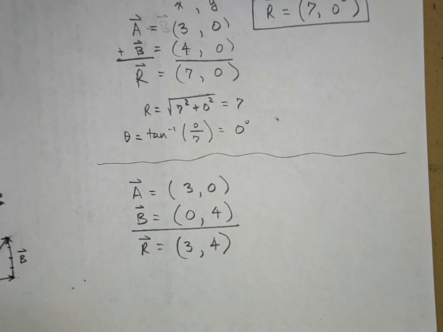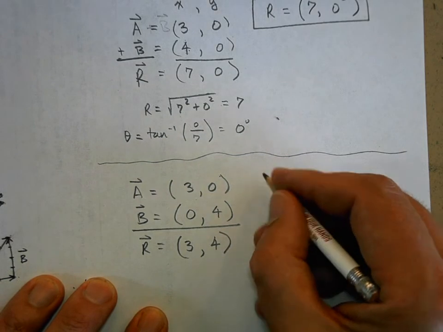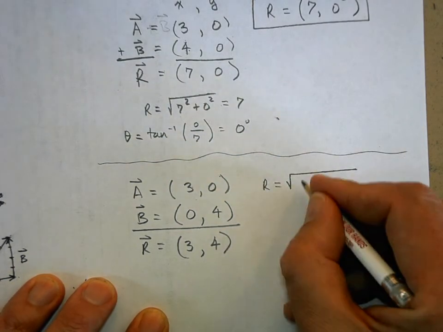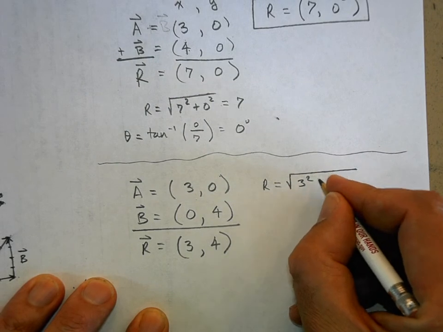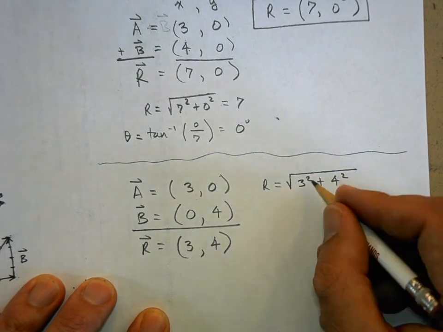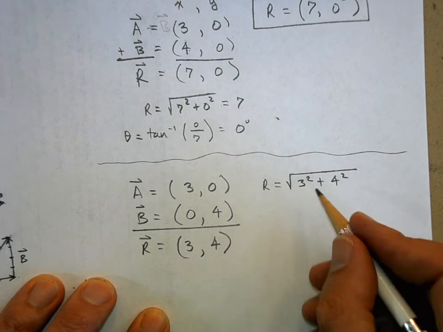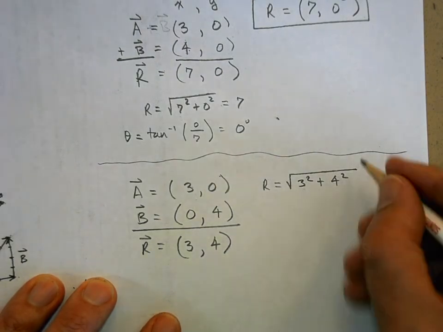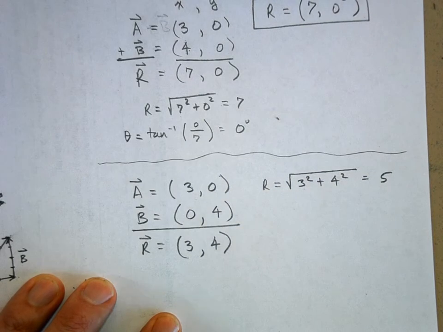Now, if I want to get this in polar coordinates, well, I'm just going to say r is equal to the square root of the x component squared plus the y component squared. Well, you know this. 9 plus 16 is 25. Take the square root of 25, you get 5.